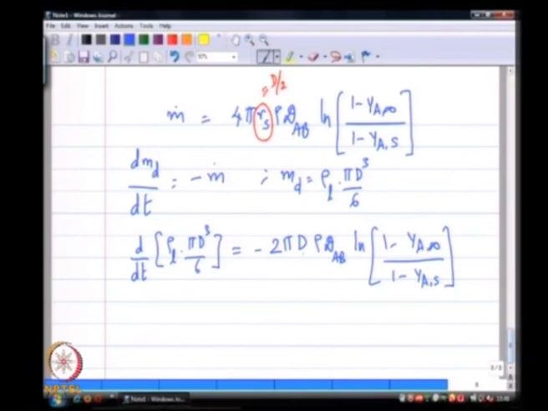Okay. This d is diameter and the script D is our diffusivity. Let us be clear about that.